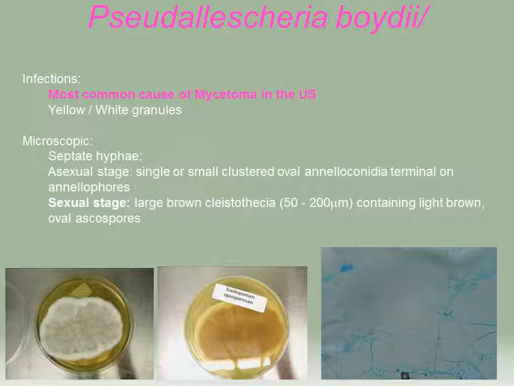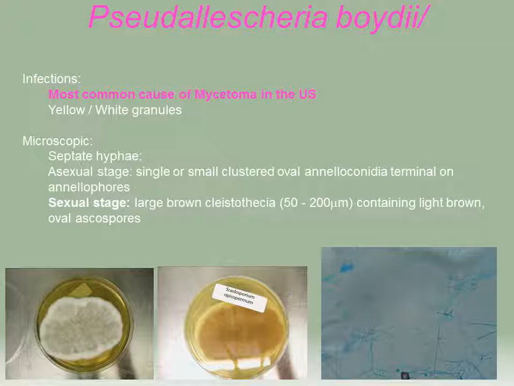That gives you a little bit of a clue sometimes if you're working with a specimen. This infection produces yellow or white granules. Again, another distinguishing feature. As I mentioned, you are unlikely to see the sexual stage in the clinical lab.